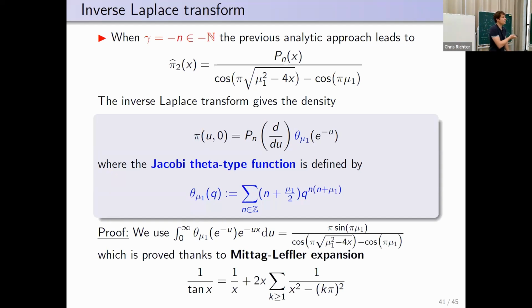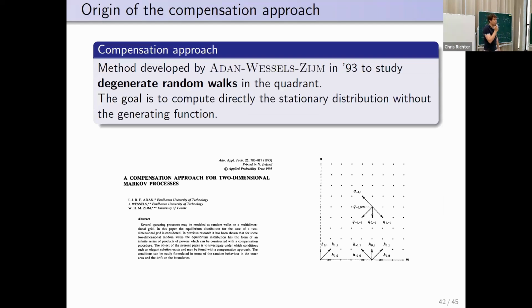Okay. And so now for my last slide, I will be really quick because Maxence talked about it yesterday. There is also another approach, which is called the compensation approach, which has been developed for degenerate random walks in the quadrant.